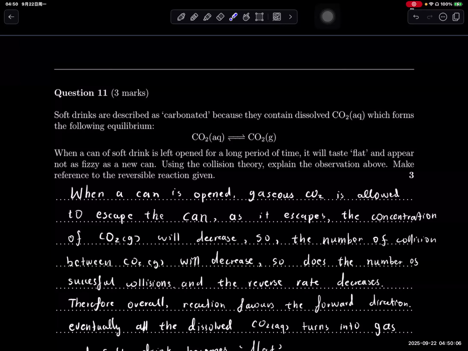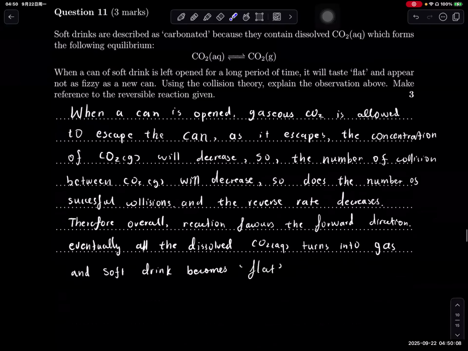Okay, so let's use collision theory to describe it. When a can is opened, the gaseous carbon dioxide is allowed to escape the can. As it escapes, the concentration of carbon dioxide gas will decrease. So the number of collisions between carbon dioxide gas will also decrease, and the same goes for the number of successful collisions, and the reverse rate also decreases as well.